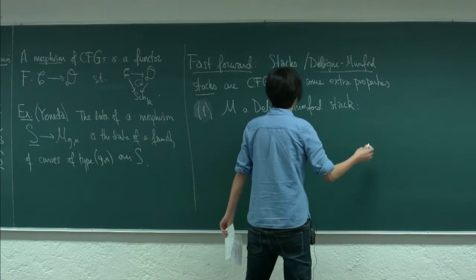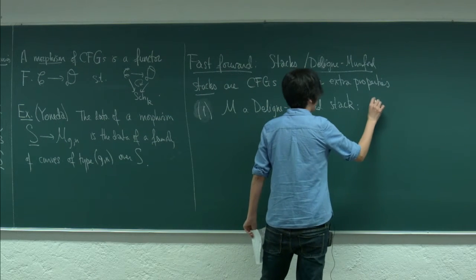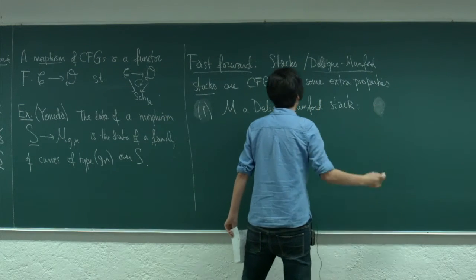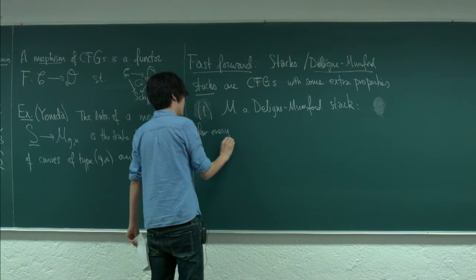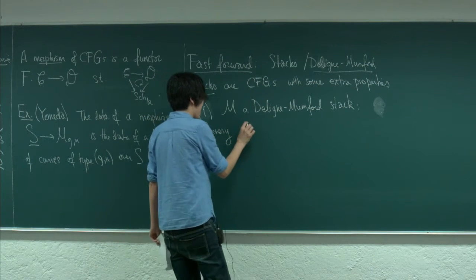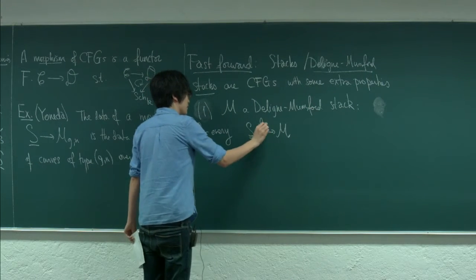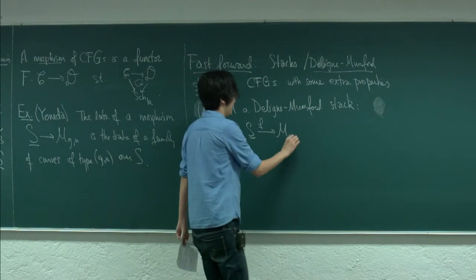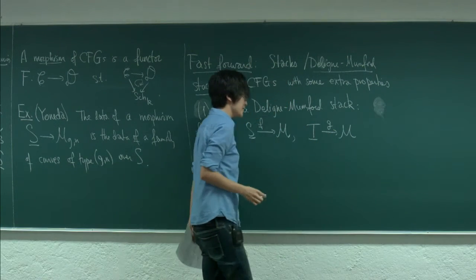So this means, let me say it in the following way. I'll say just what I need. So for every scheme S with a morphism to M, let's call this little f, and for every scheme T with a morphism to M called g.